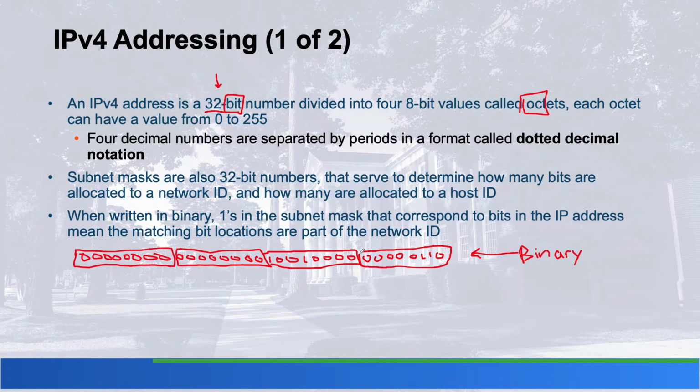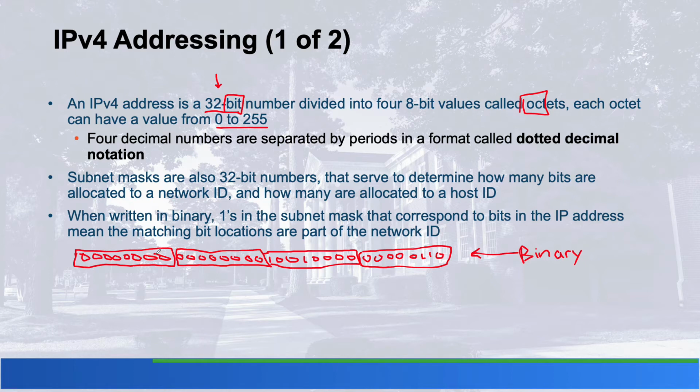And again, why do we break it into 8s? Because we want to convert it to a number that our brain can understand. Okay? So each octet can have a value of 0 to 255. Okay? We need to remember 0 to 255. The reason the value is between 0 and 255 is I can count up to 255 using 8 bits.